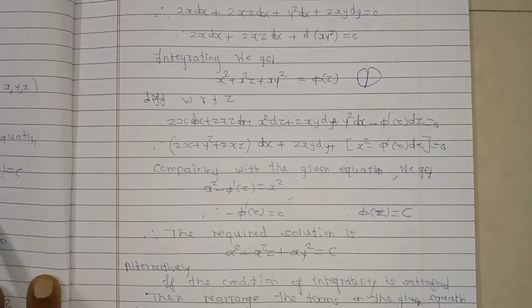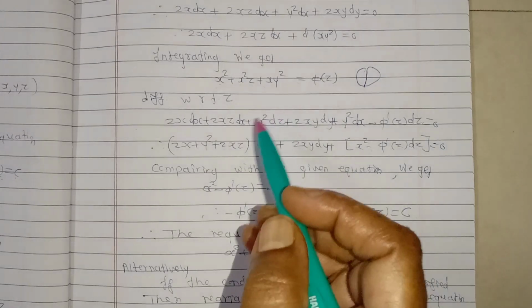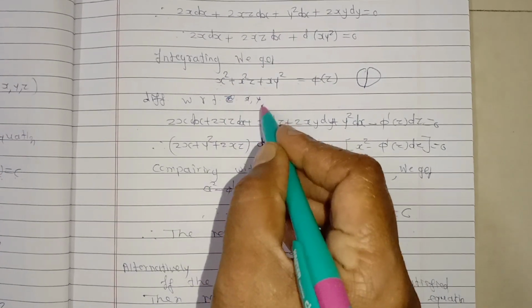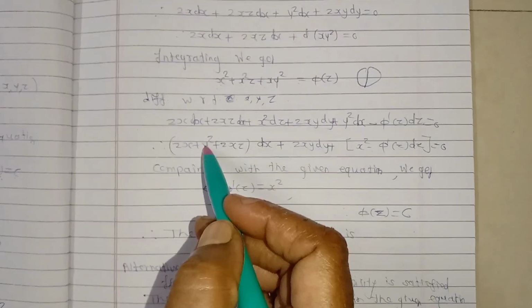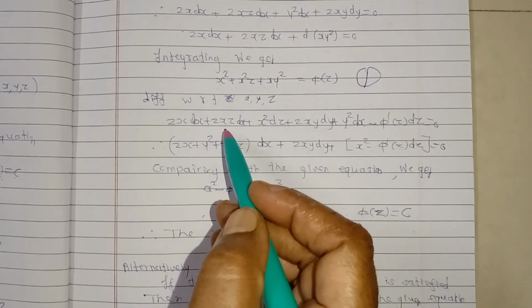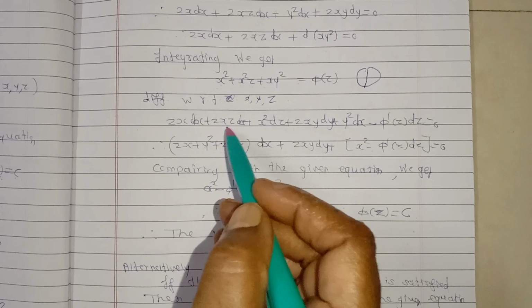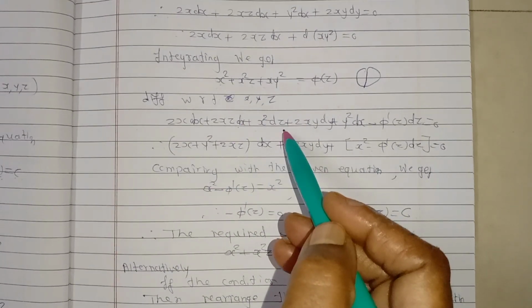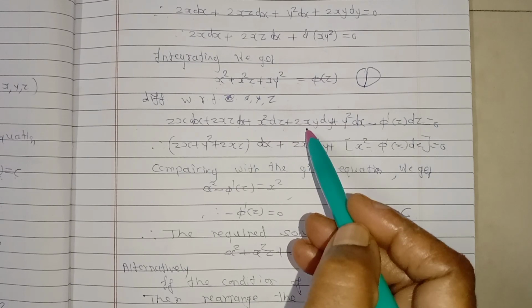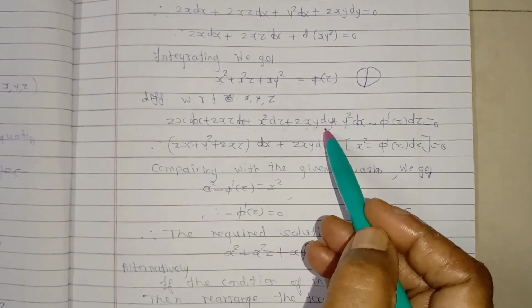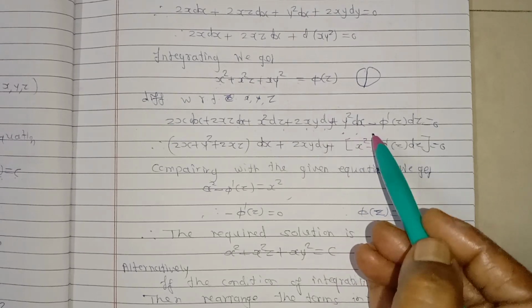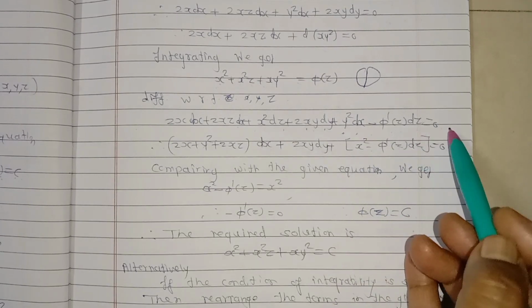Differentiating with respect to x, y and z, we get 2x dx plus 2xz dx plus x square dz plus 2xy dy plus y square dx minus phi dash z dz equals 0.